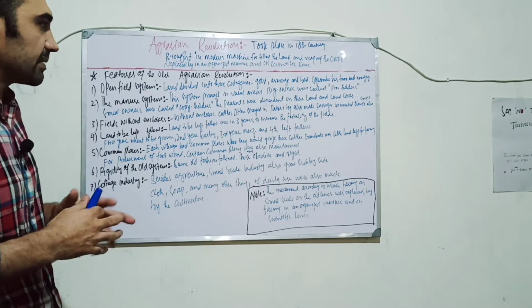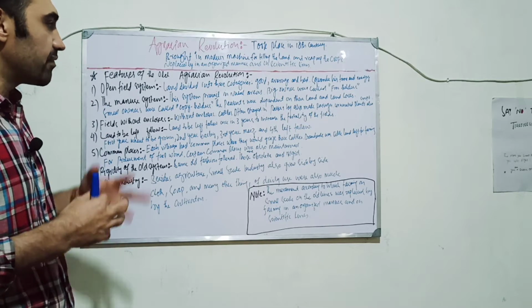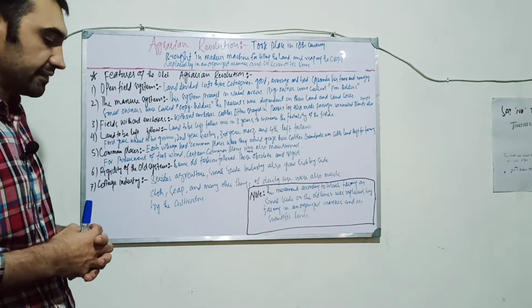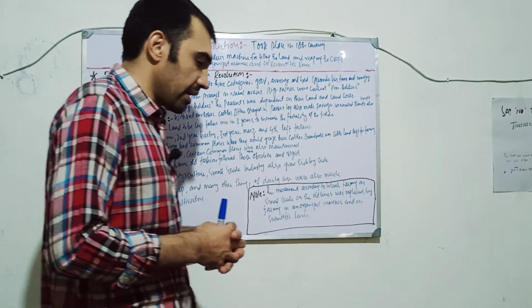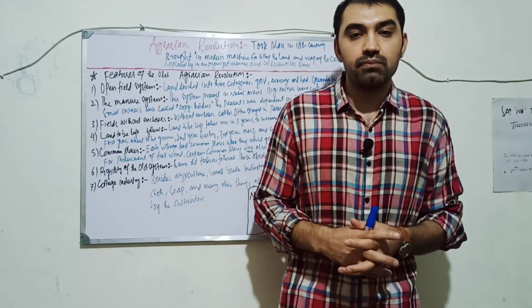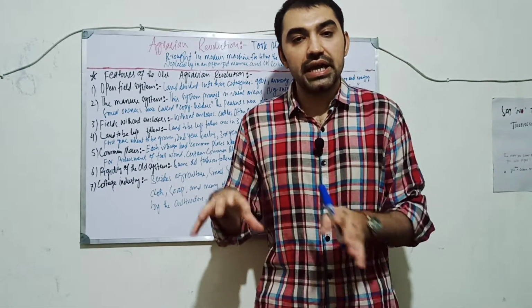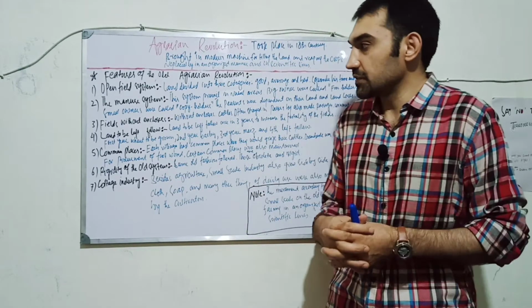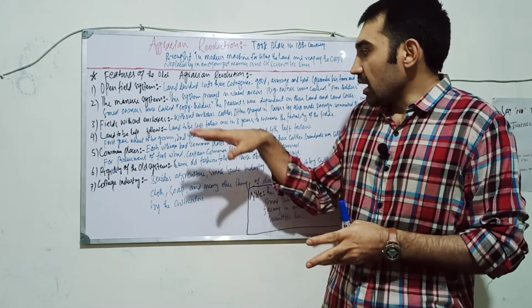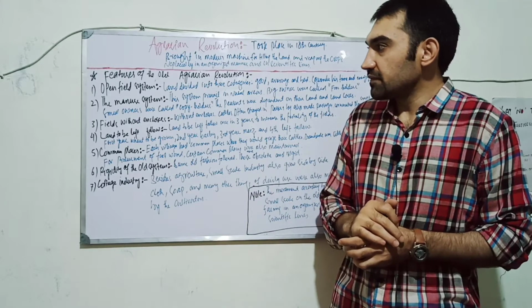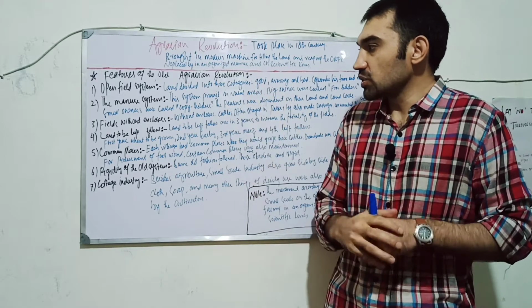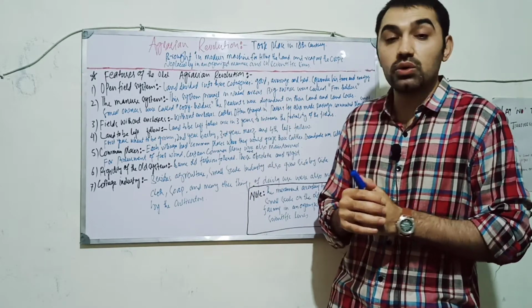Thus, this system was another impediment, a kind of stoppage in the flow of agricultural activities. The third important feature of the old agrarian system was fields without enclosures.